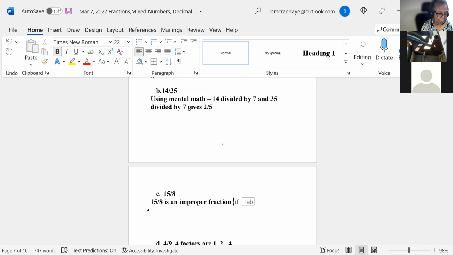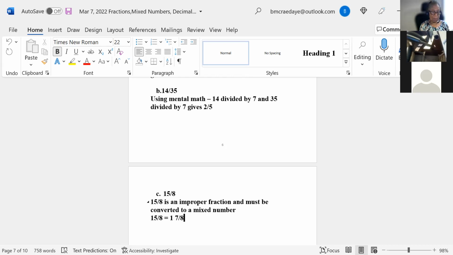So what's the answer? 1 and 7 is? That's it. To a mixed number. Okay, so 15 over 8 equals 1 and 7/8.